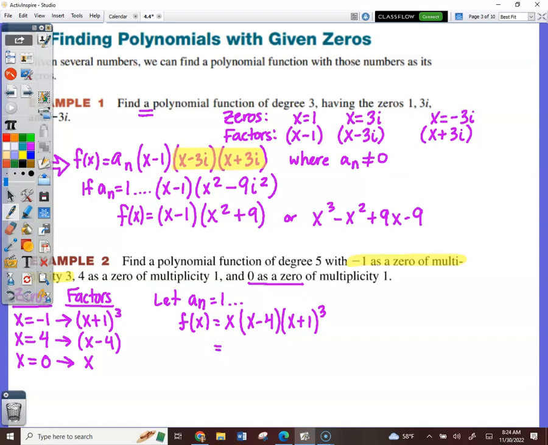So right here, I'm going to multiply this x into this binomial, and I get x squared minus 4x, right? Okay, and I'm going to now take this and rewrite that, because I cannot evaluate it as a cube. I'm going to rewrite it as one of them pulled out, and then one of them raised to the second power.